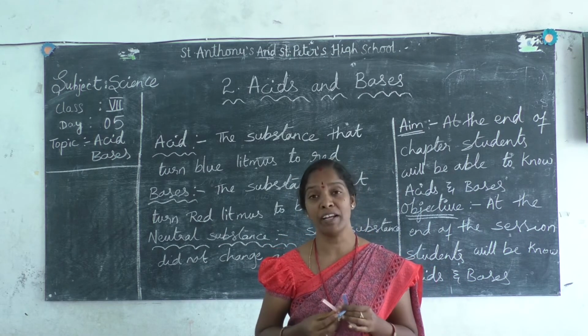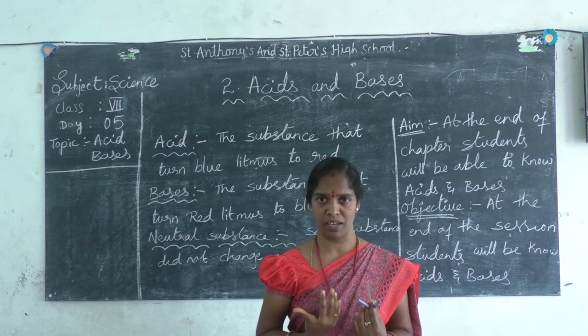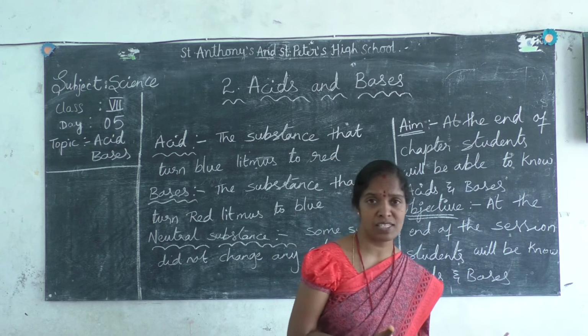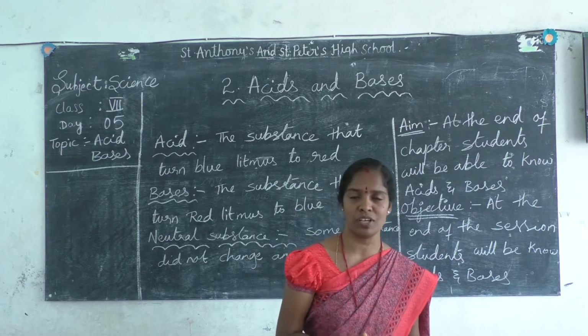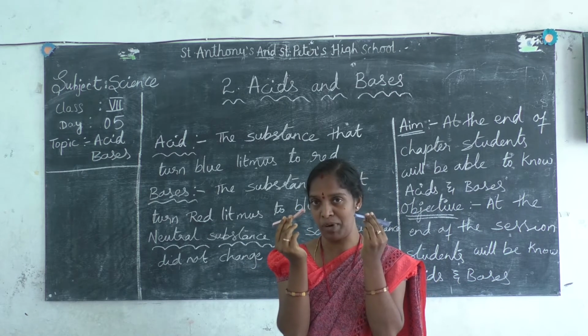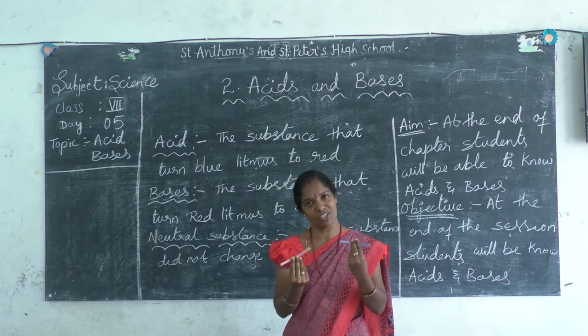How to identify? Suppose many substances are in front of us. How do we identify whether it is an acid, a base, or a neutral? With the help of these litmus papers, we can identify whether it is an acid, a base, or a neutral.